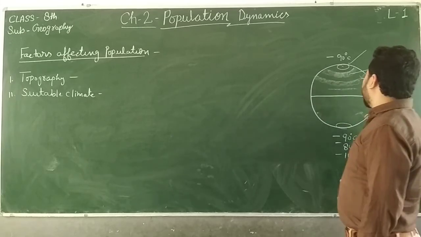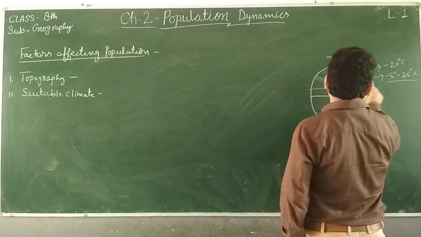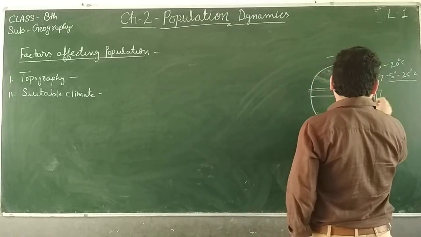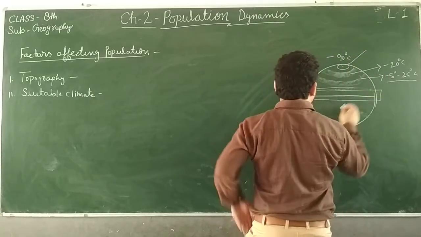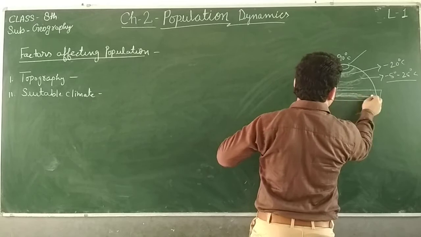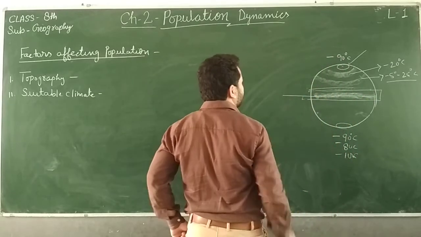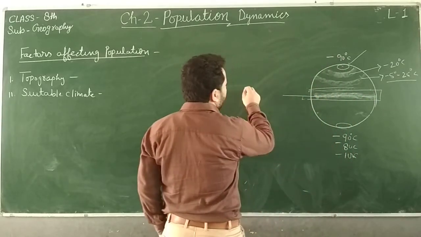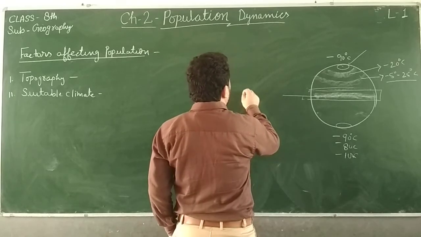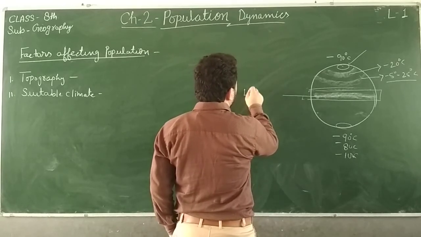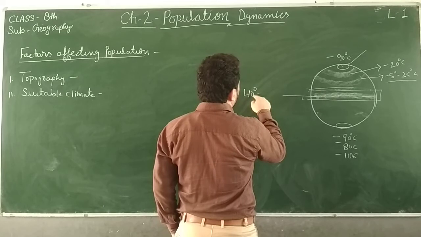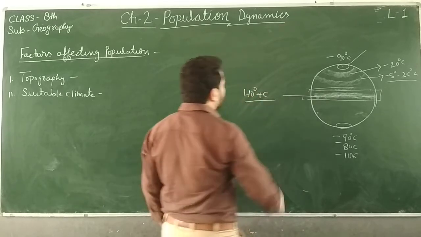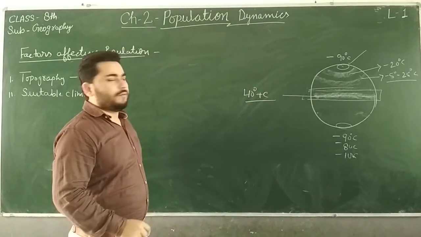Okay. And again, if I ask you to go and live at these places near equator, here the temperature will be higher. Temperature will be how much? Around you can say more than 40 degrees Celsius, 40 plus, 45.